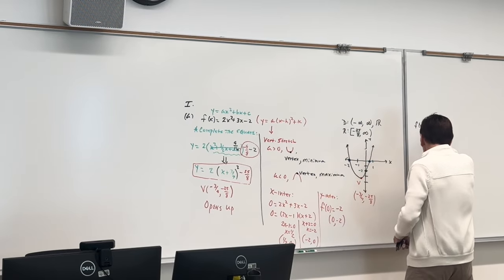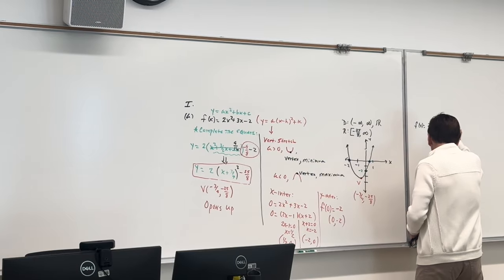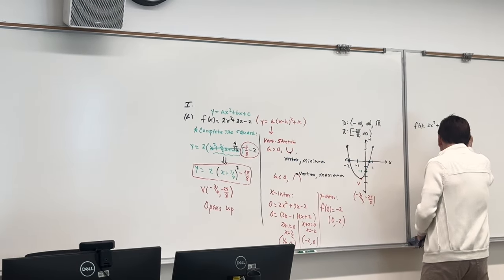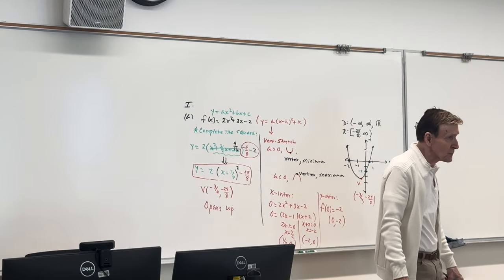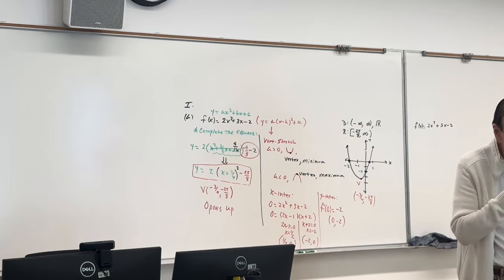2x squared plus 3x minus 2. You say, I thought we were finished with it. We are. We got the domain, range, we got the graph, we did all the work, we completed the square.